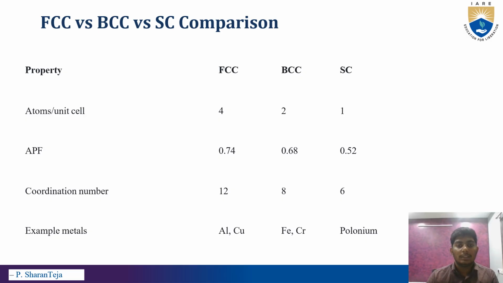FCC structures were first established using X-ray diffraction by physicists Max von Laue, W.H. Bragg and W.L. Bragg. Their work helped solidify the field of crystallography and earned Nobel Prizes. FCC is one of the oldest metal structures to be discovered.